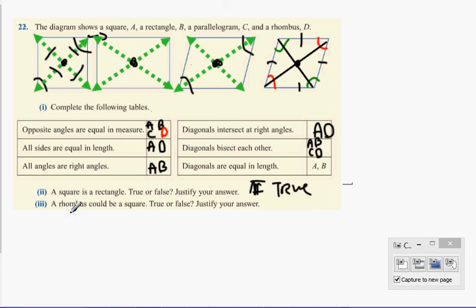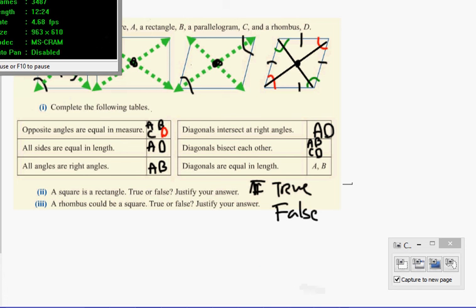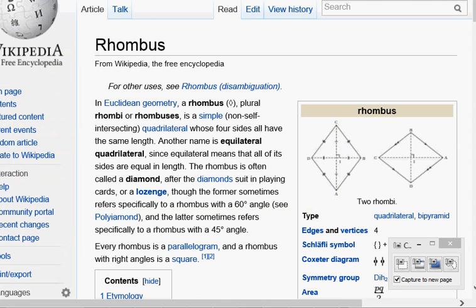Now, guys, a rhombus could be a square. A rhombus, that is false, because a rhombus can't be a square because a square needs 90-degree angles. Once again, I'm actually just going to double check. So guys, every rhombus is a 4-sided object where all the sides are the same length.